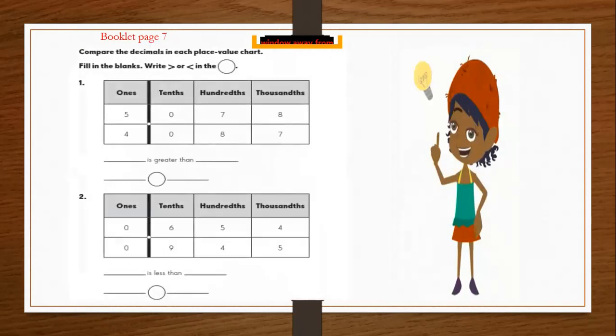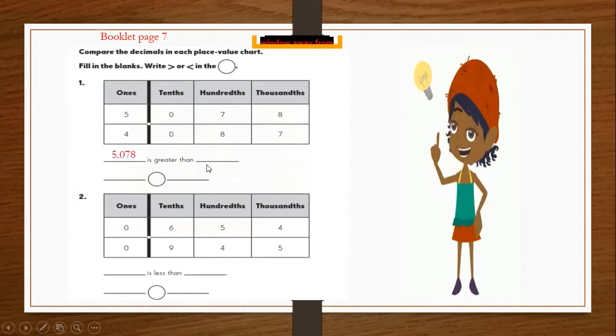Here in the first one, we have the place value chart, and the numbers are already lined up according to the place value chart. So I just need to fill in the spaces. Which one is greater? You just look at the two numbers and compare the whole number part. 5 is always greater than 4.